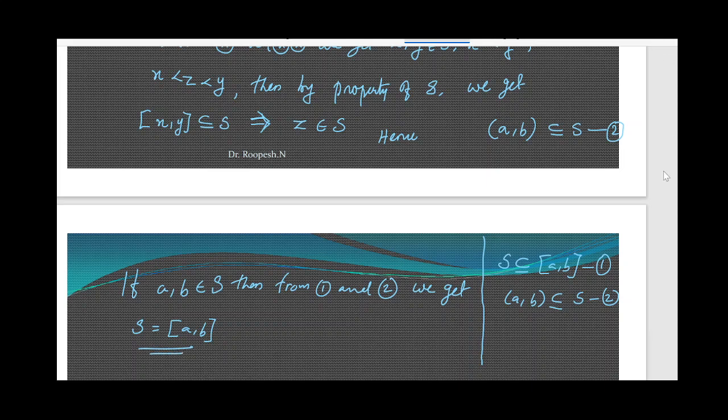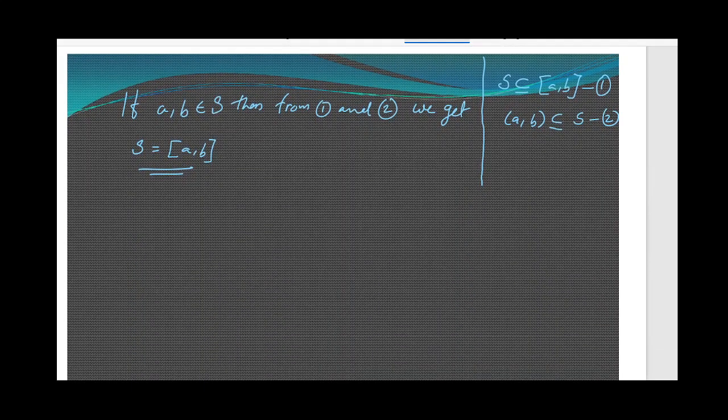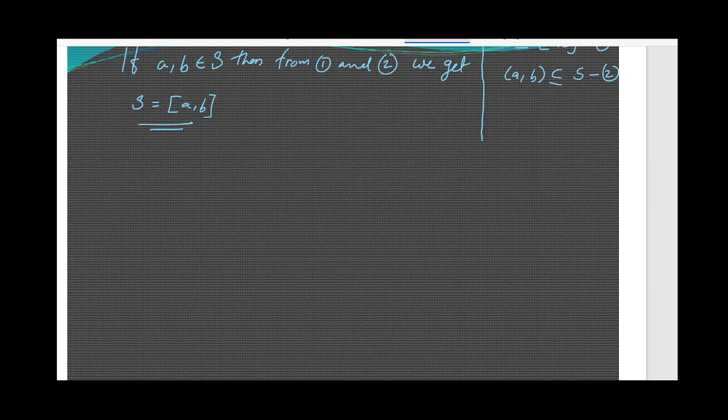Now suppose some member is not there, that is, a does not belong to S, then what will happen? If a does not belong to S and b belongs to S, then your S is nothing but the open-closed interval (a, b].